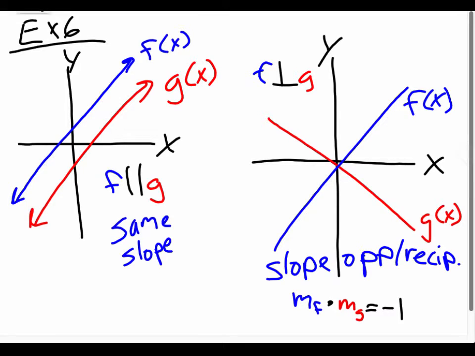So if they're opposite reciprocals, it'll always equal -1 every single time when you multiply the slopes together. Okay? Does that make sense to you guys?